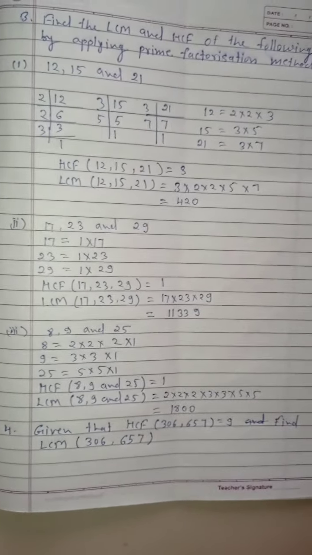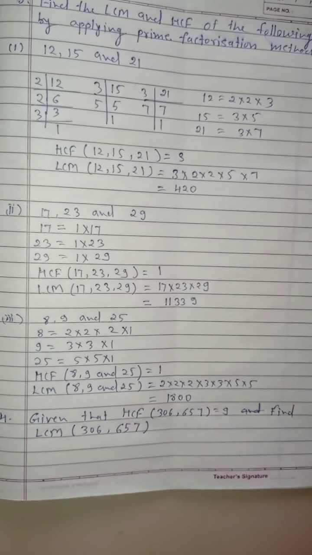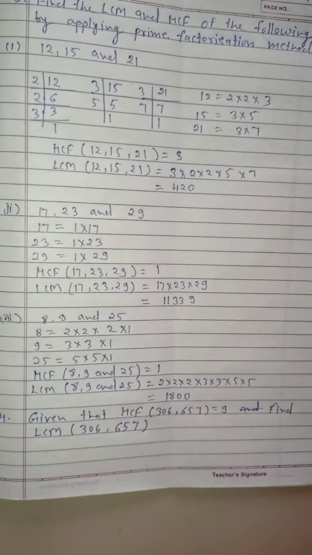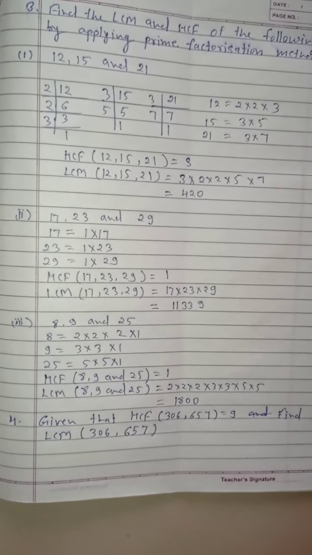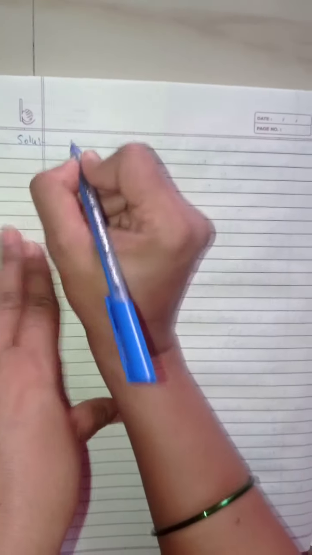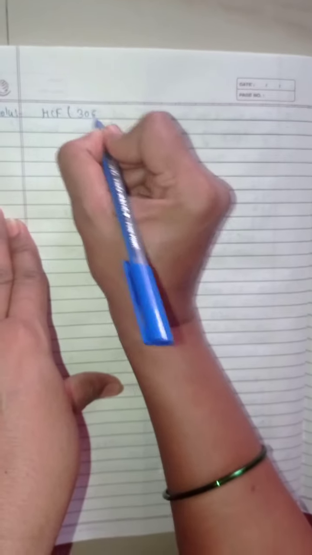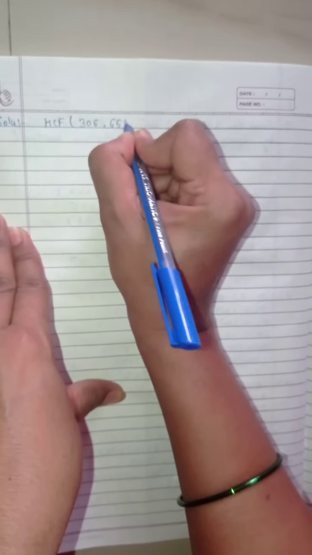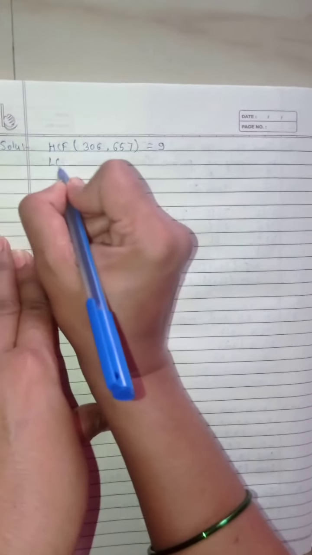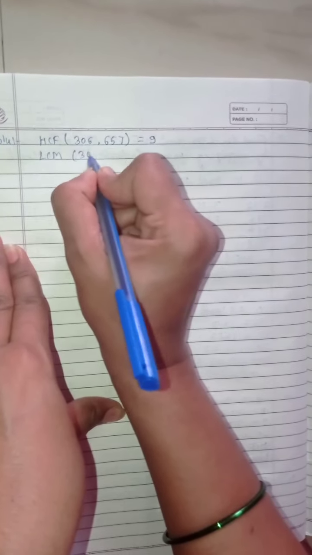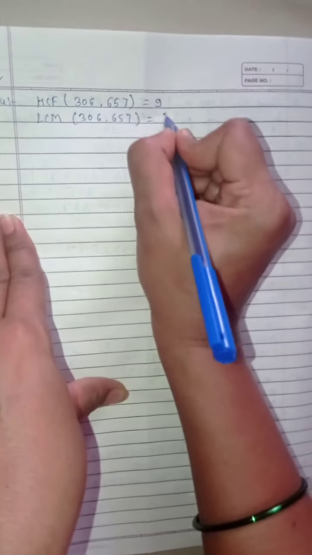Question number 4. Given that HCF of 306 and 657 equals 9, find the LCM of 306 and 657.